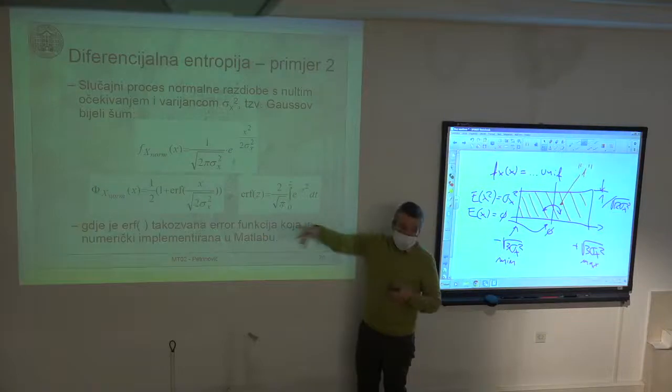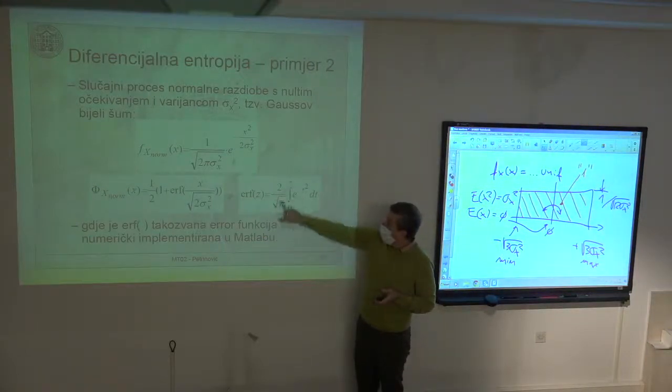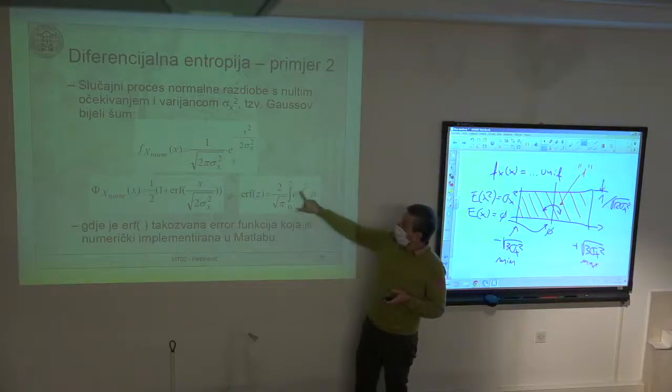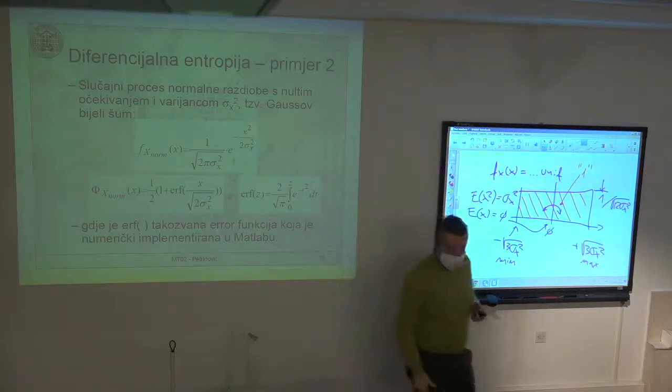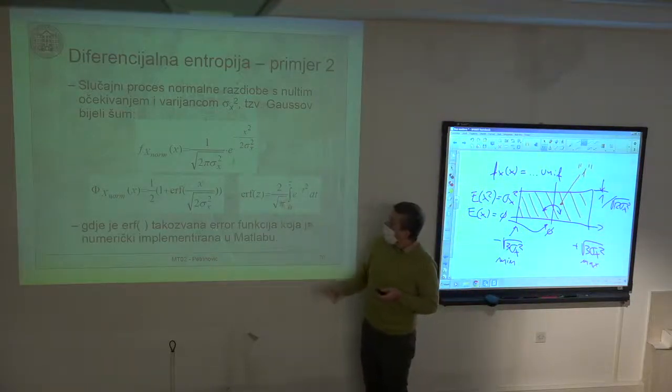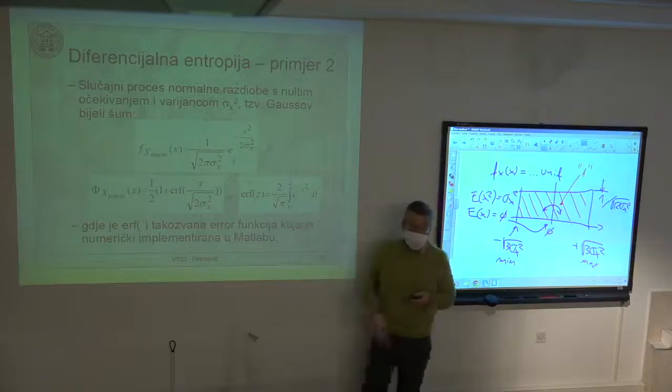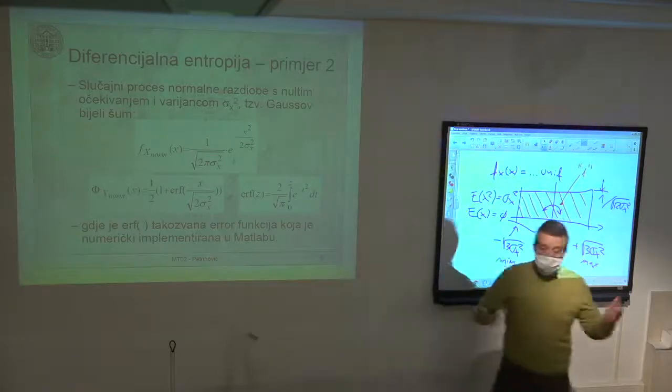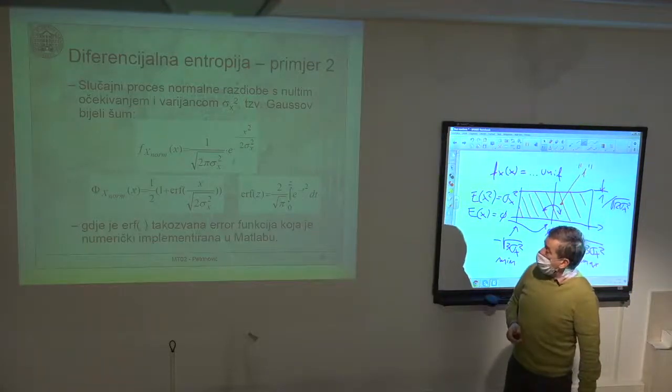The error function is some ugly function, I would say, defined using this expression: integral from 0 to z of exponent of minus t squared dt, normalized with 2 over square root of pi. It is numerically implemented in MATLAB or any other statistical tool.